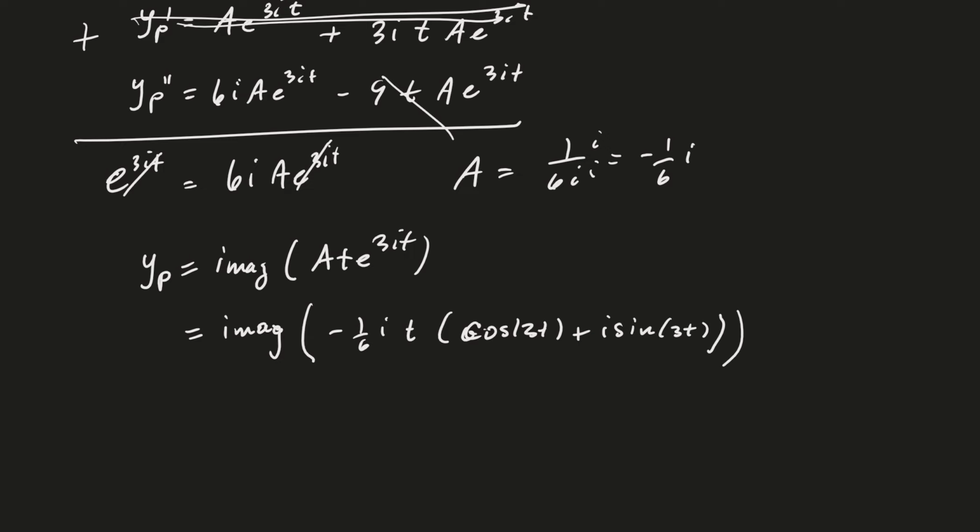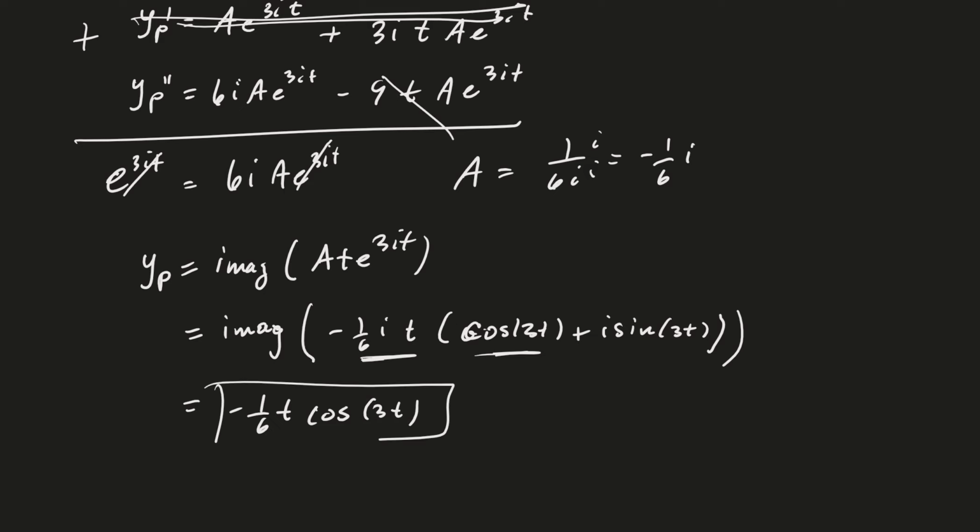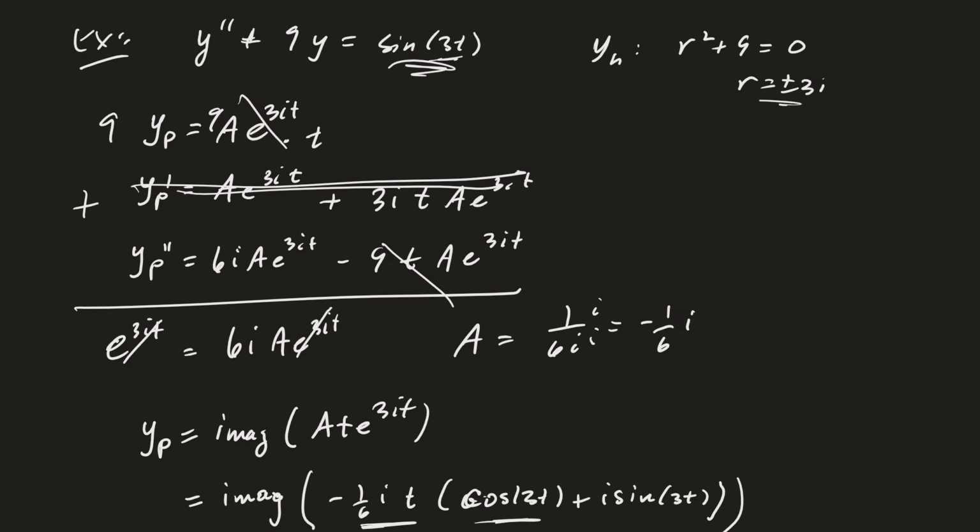Are we able to read off the imaginary part from here? I'm just going to be multiplying this times this, and so that'll just be minus 1/6 t cosine of 3t. Very good. So that is what you do if you run into a sine forcing function instead of a cosine.